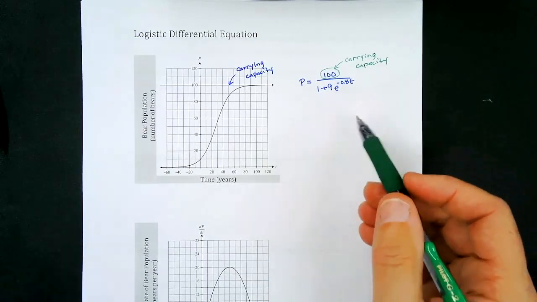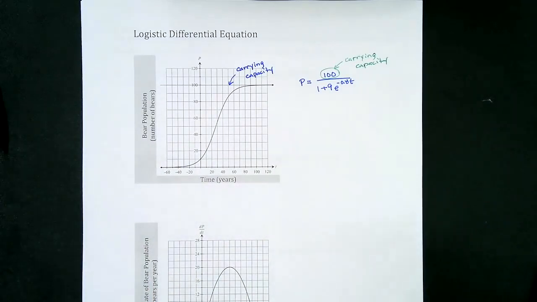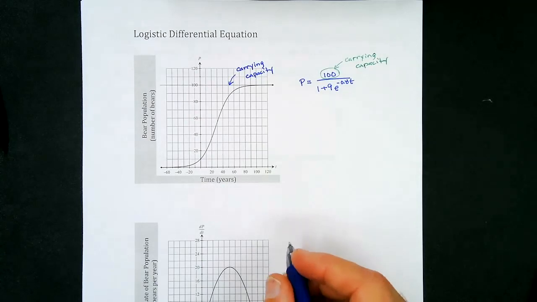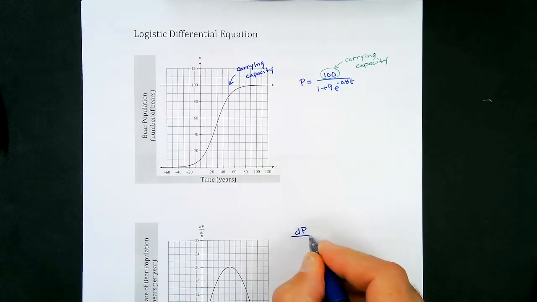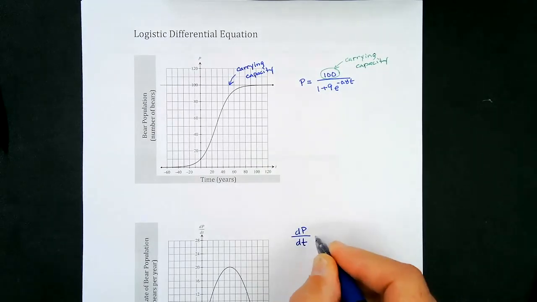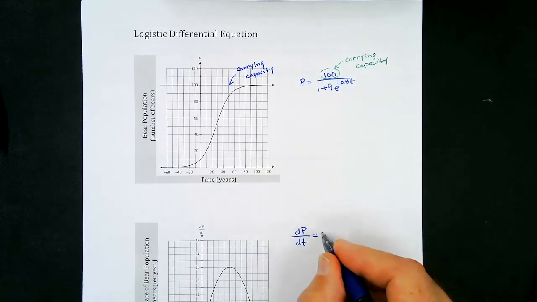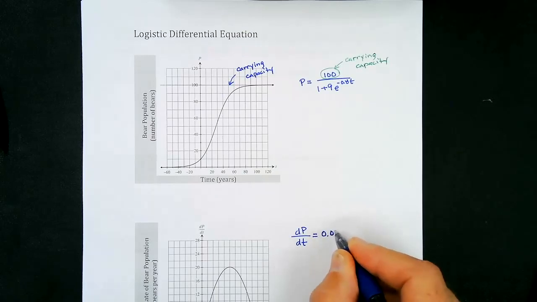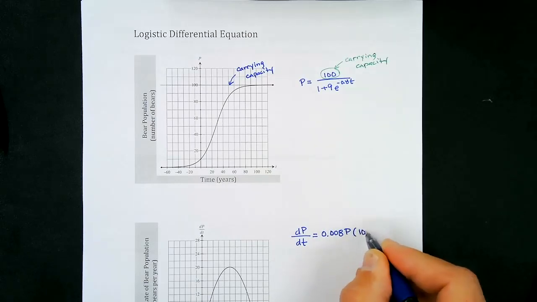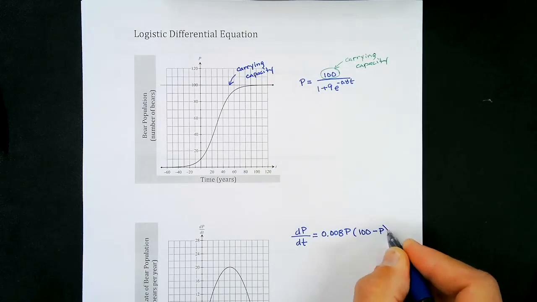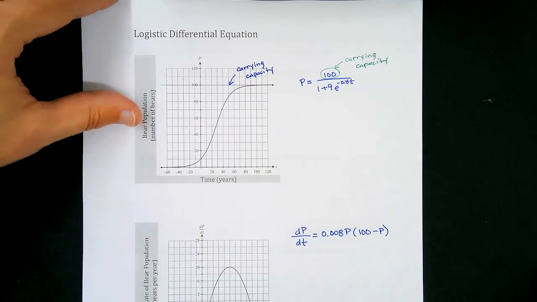When you take the derivative of this with respect to t, you wind up with a logistic differential equation. A logistic differential equation is really kind of a simple equation. I'm not going to go through where we get this, but we wind up with something like this: 0.008 times the population times 100 minus P. When we're given this logistic differential equation, this is what the graph of the derivative is.